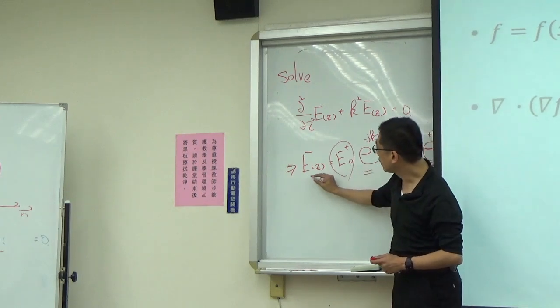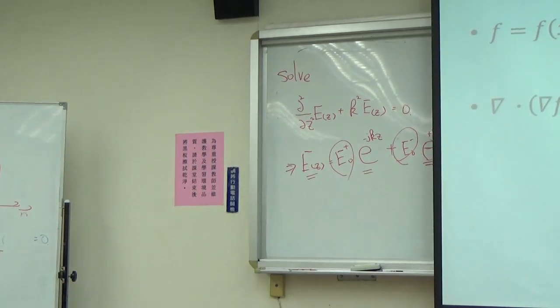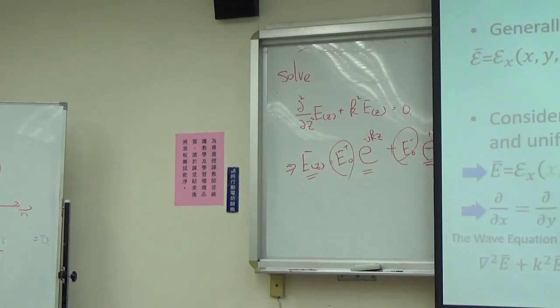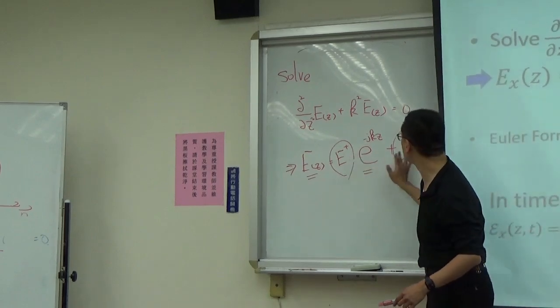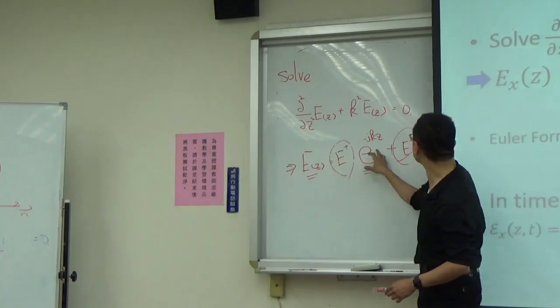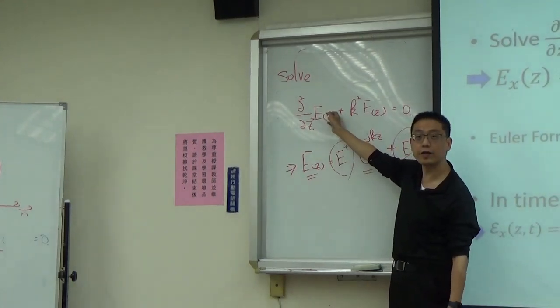That is E of z. It's just a name: something times exponential minus jkz plus E minus times exponential plus jkz. This is a phasor form, and this is the answer of this PDE.